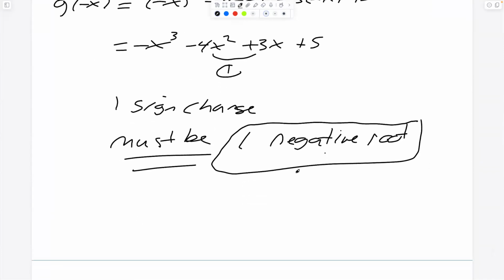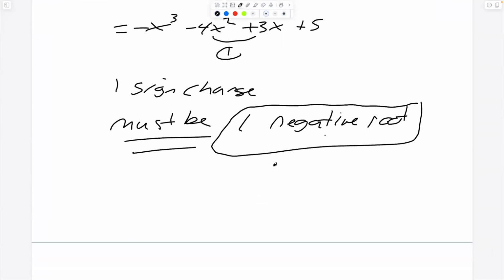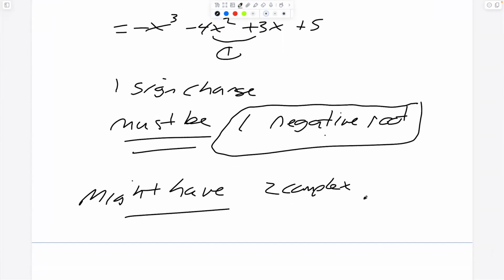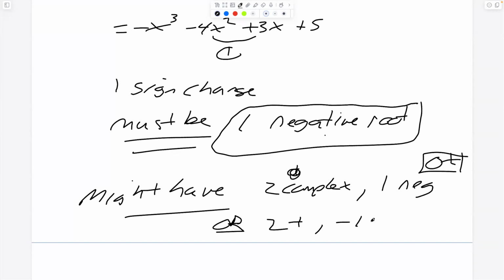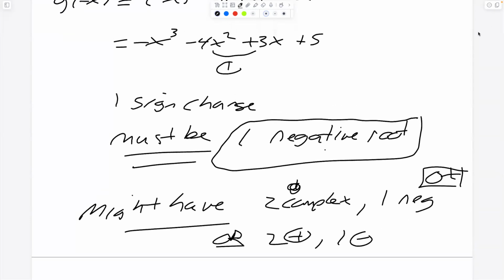And that lines up with this possibility. So here are our possibilities. 2 complex, which would come as complex conjugates, and 1 negative, or, so that corresponds to 0 positive solutions, or 2 positive and 1 negative. Those are the only possibilities. Okay, good place to stop.